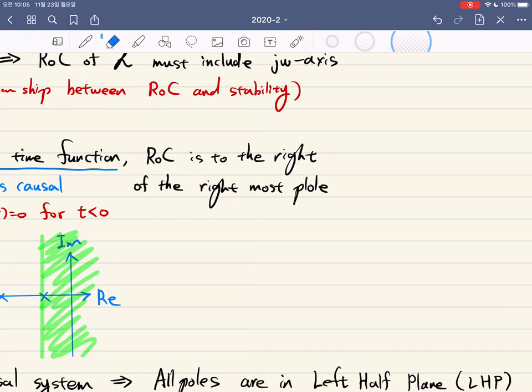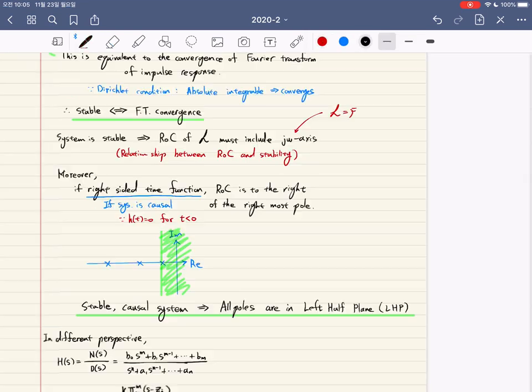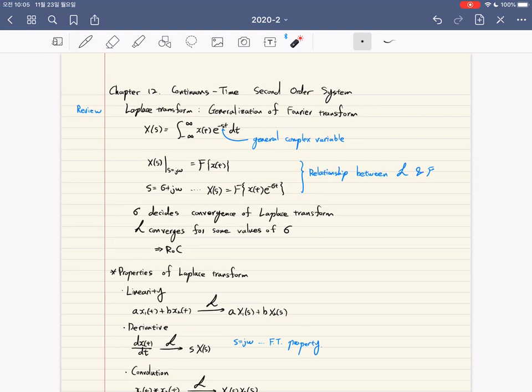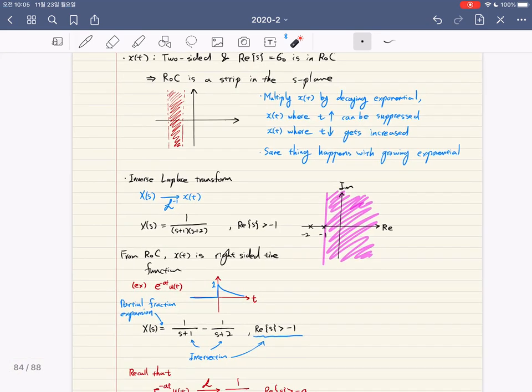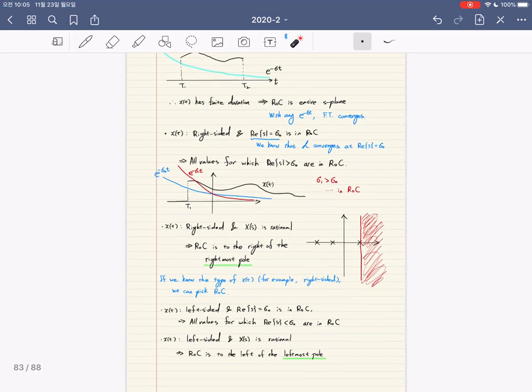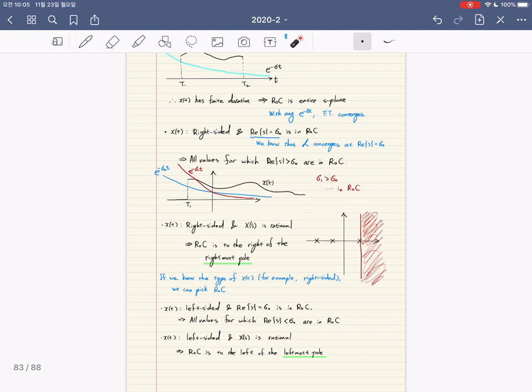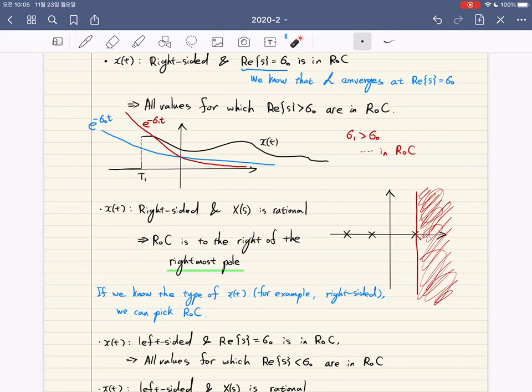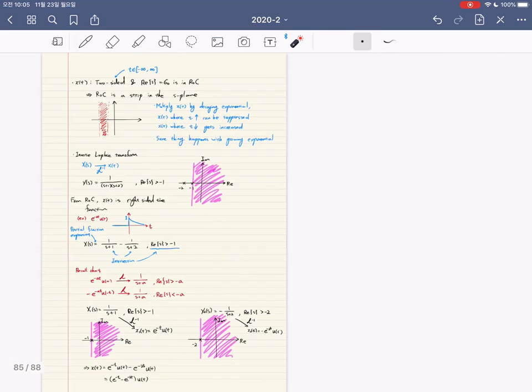Oh, I'm sorry about the typo here. And we know that when we talked about this region of convergence in the previous chapter, if it's right-sided, then the ROC is to the right of the rightmost pole.